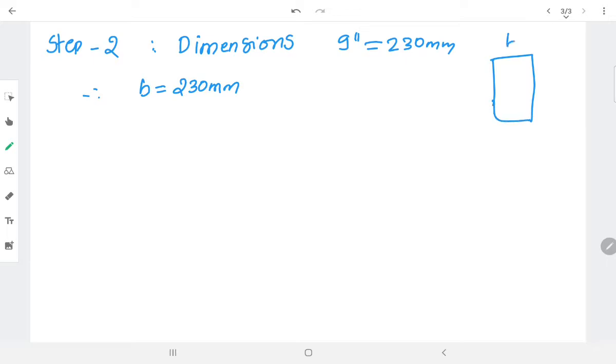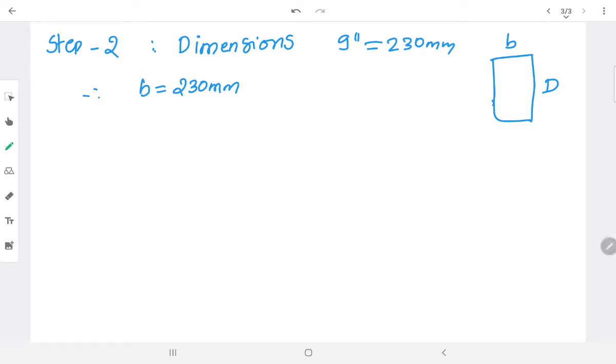Whatever b is there, I am taking 230 mm because of the wall thickness which is provided, so that there should not be any projection. The beam should be flush with the wall, in line with the wall thickness. That's why I am taking the width of beam equal to 230.